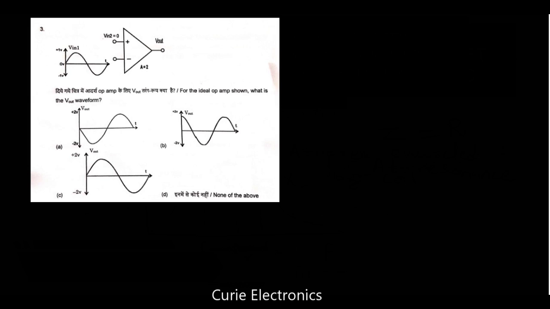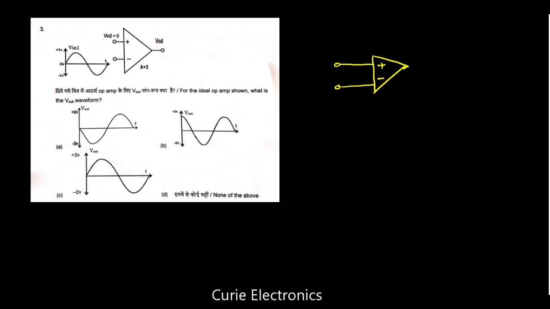So for the ideal op-amp shown, what is the V out waveform? So we have an op-amp given in the figure. That is the non-inverting terminal. Then we have the inverting terminal.